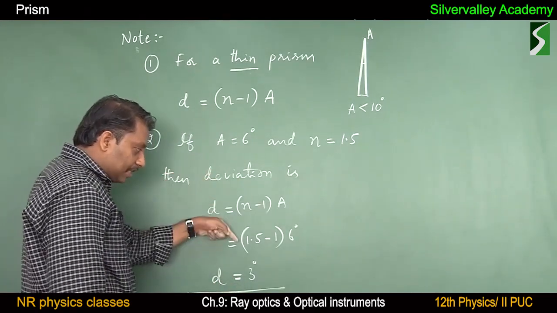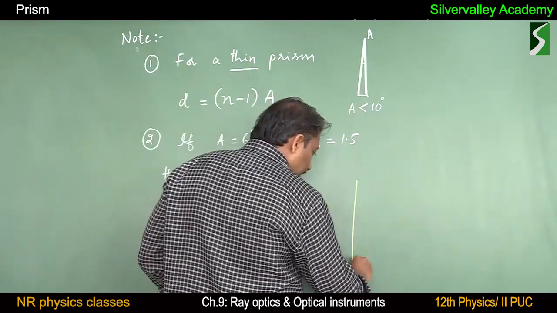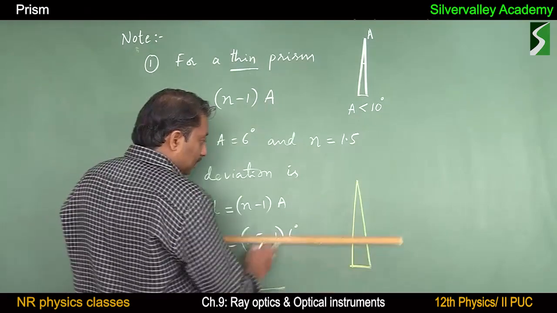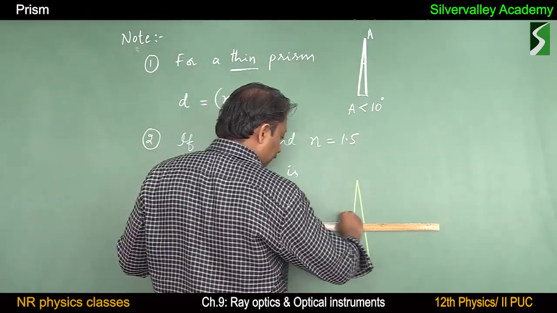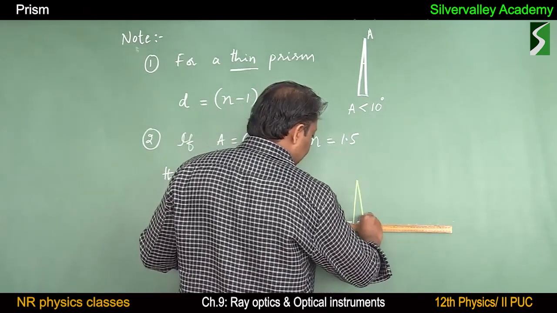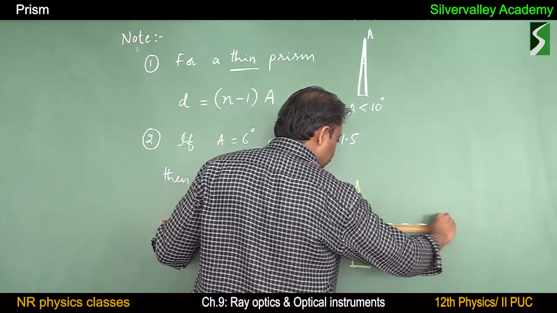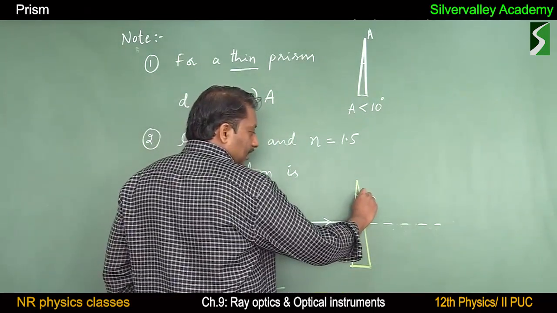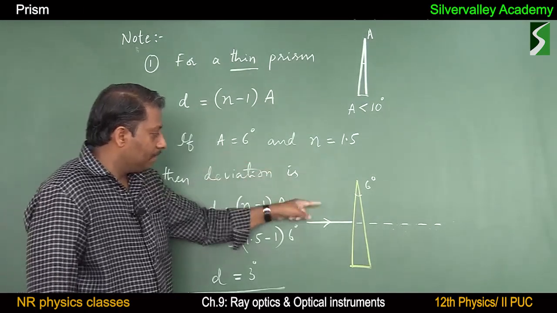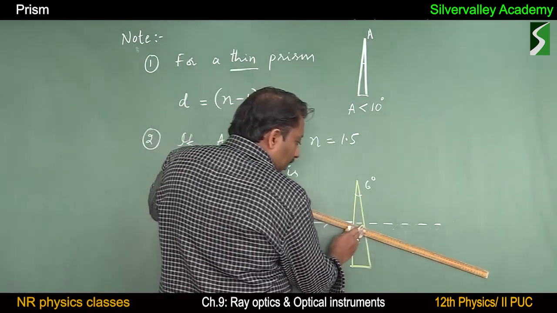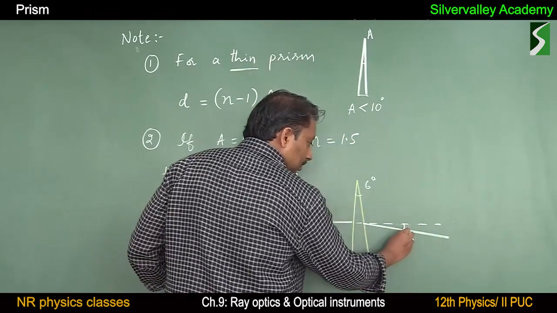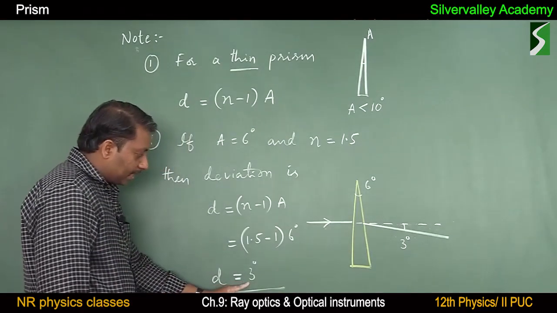And what is the meaning of this? If I consider a thin prism and this is the incident ray, direction of incidence, this angle is 6 degree according to this problem. Then you can find a refracted ray at an angle of 3 degree.